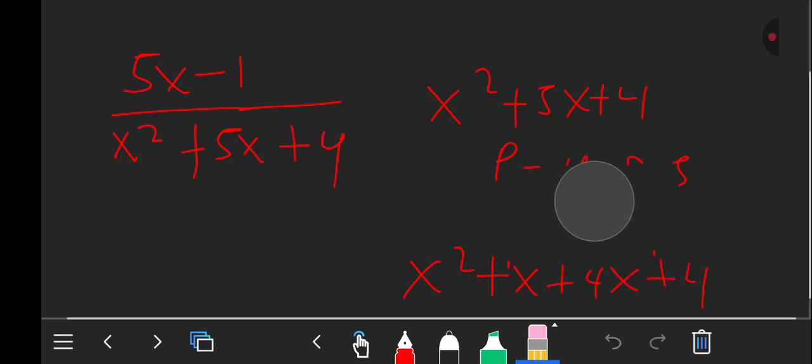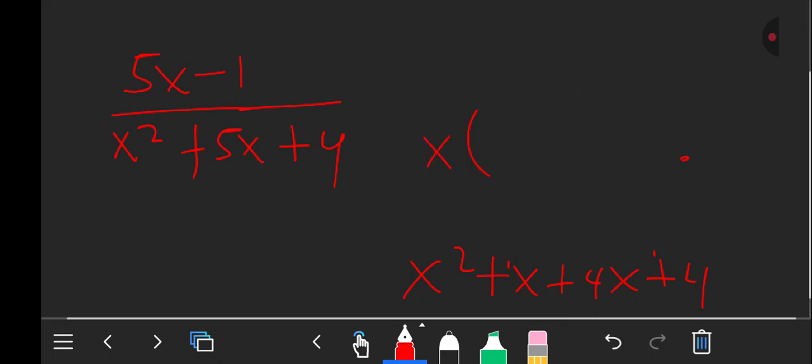Then you factorize this to give you x open the bracket x plus 1, then plus 4 x plus 1. So by combining this, we have x plus 4, x plus 1. So this is what we are going to put there.